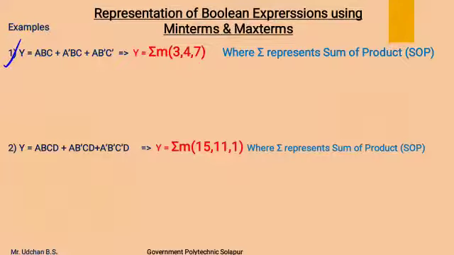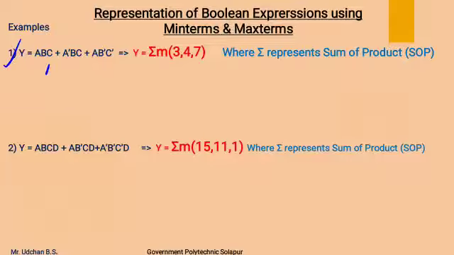bar c bar. As we know, in an SOP expression there are min terms, so a normal variable is represented by a binary 1 and a complemented variable is represented by a binary 0. So first we will write the values of variables in binary.